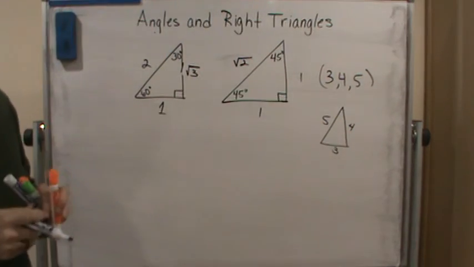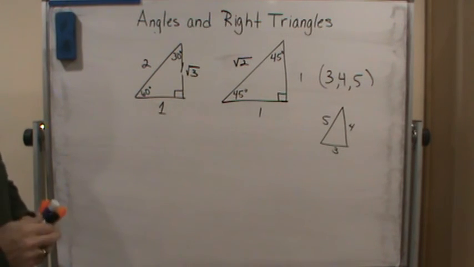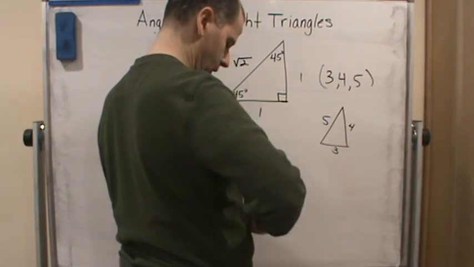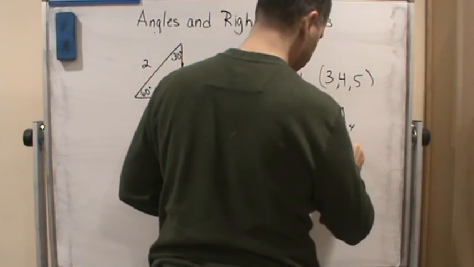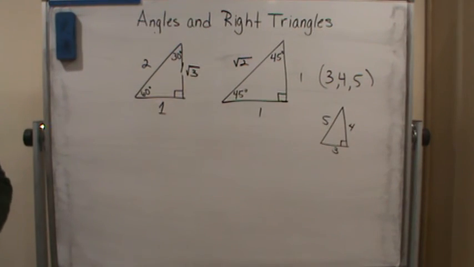Notice the hypotenuse is always the longest side, across from the largest angle. This is also a right triangle. We call that a Pythagorean triple. There's more, that's not the only one. There's a whole bunch of them. Now let's get some examples and see how this works.